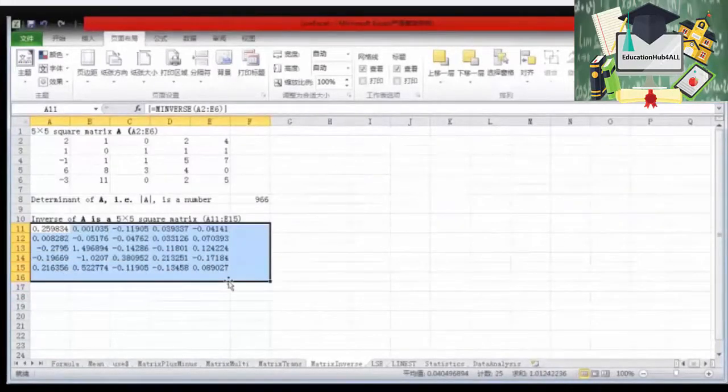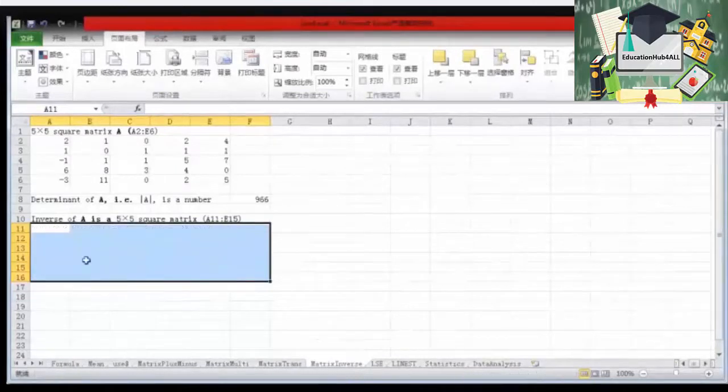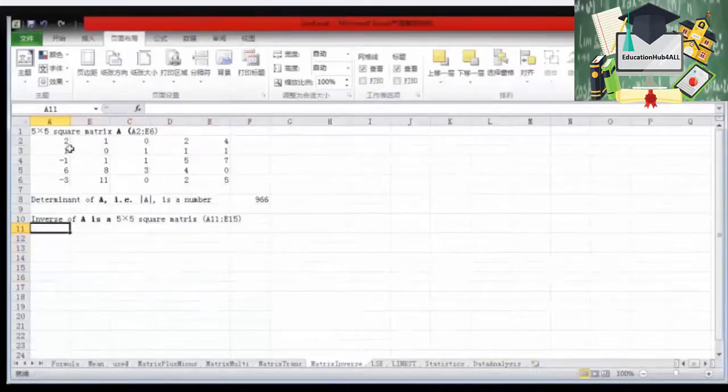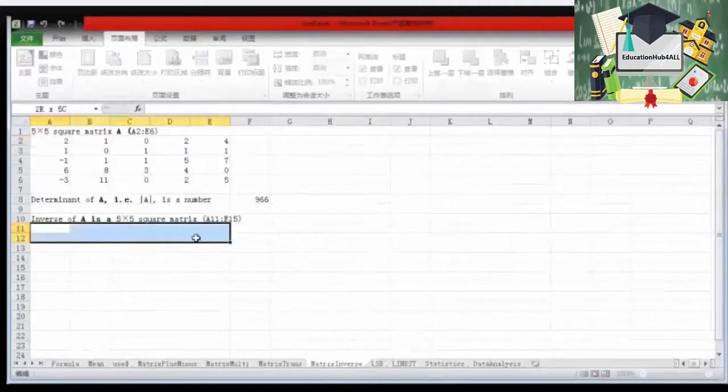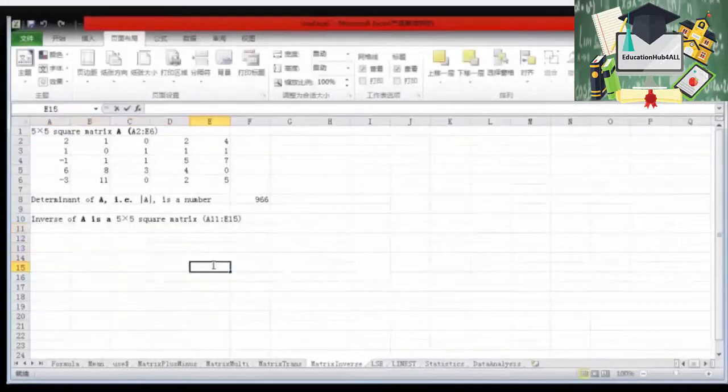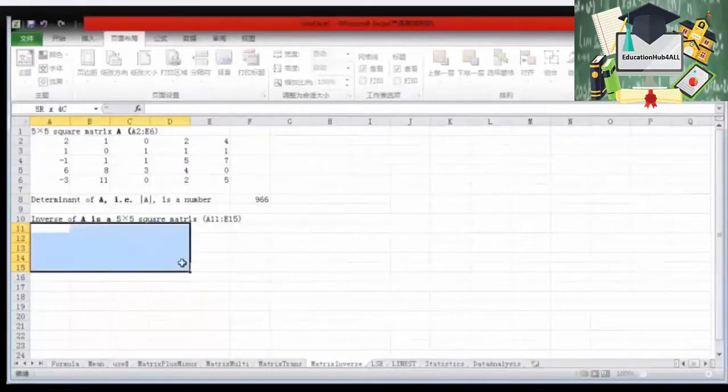Of course, the inverse applies to a square matrix. Let's say this is a 5 by 5. Of course, the inverse is also 5 by 5. So you select the area where we are going to save the inverse.